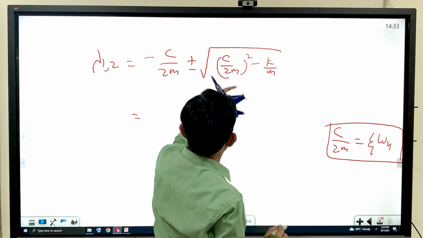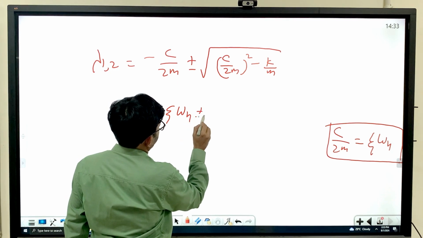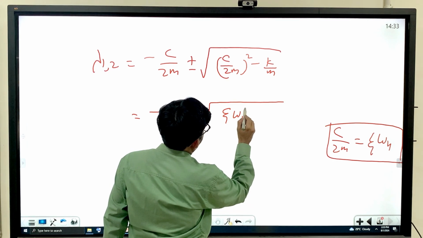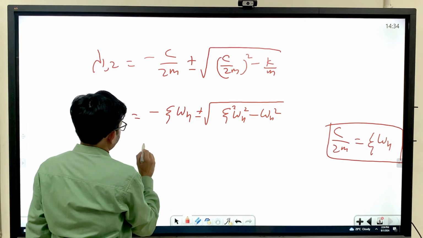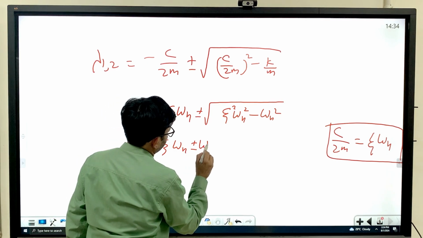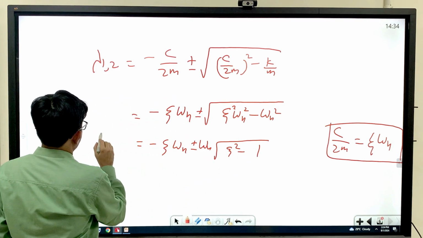So you can write minus zeta omega n plus minus under root zeta omega n square minus omega n square. Now we will take omega n common, and you will write zeta square minus 1.